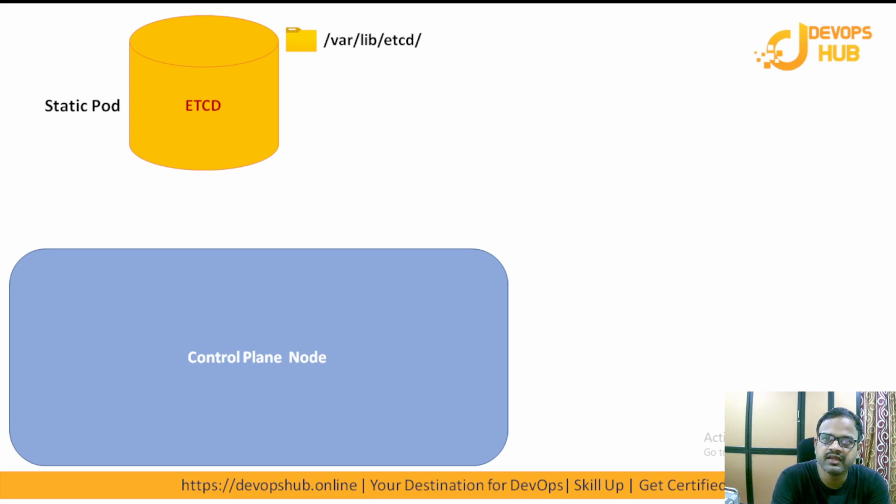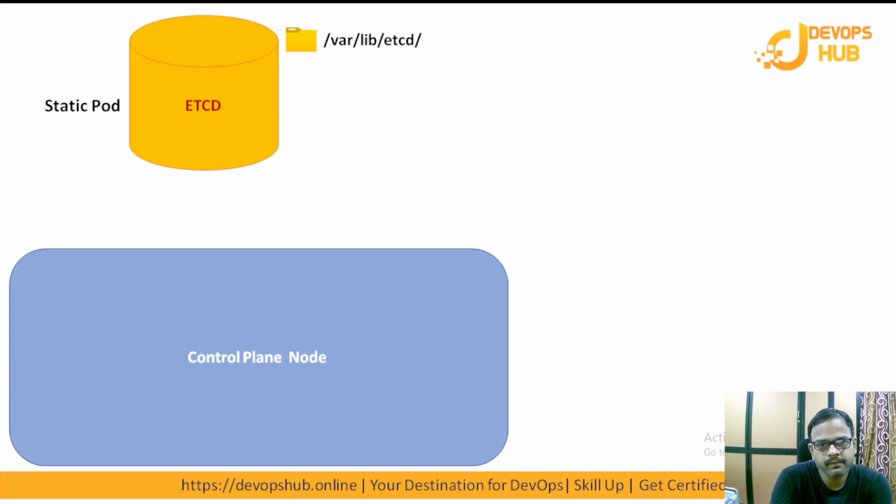This is the place where the entire Kubernetes data is going to be saved. Just imagine the setup is initially like this: the control plane node is there, and the etcd static pod is running on top of it.